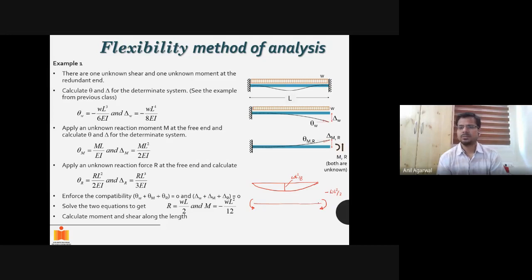So if I apply this moment, then what will be the bending moment diagram of this beam? Tension side positive, right? So this was downward, this one will be upward. Just top side is tension side. How much will it be? WL square by 12 in this direction. Now, if I simply add the two, basically all these points will move up by WL square by 12.